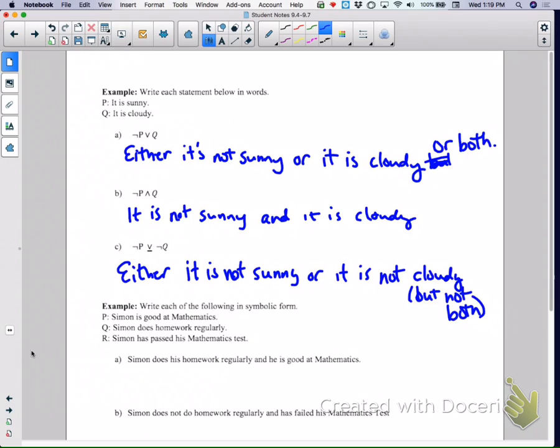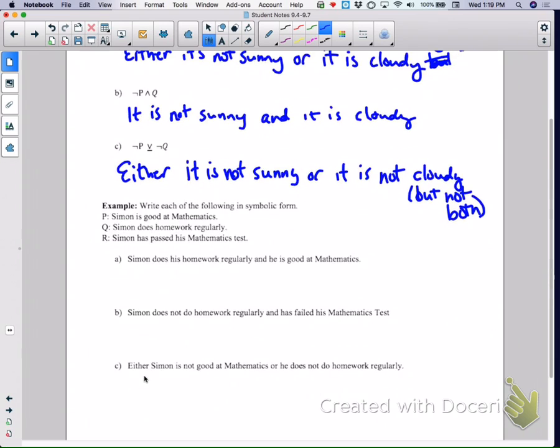All right, and our last part here, they want us just to write these in symbols. So we've got P is that Simon is good at math, Q, Simon does homework regularly, and R, Simon has passed his mathematics test. So A, Simon does his homework, so obviously that's going to be a Q. And he's good at math, so that's going to be a P. We're connected with an and, so that's going to be like the intersection symbol from probability, so that's going to be the V, or the upside down V, rather.